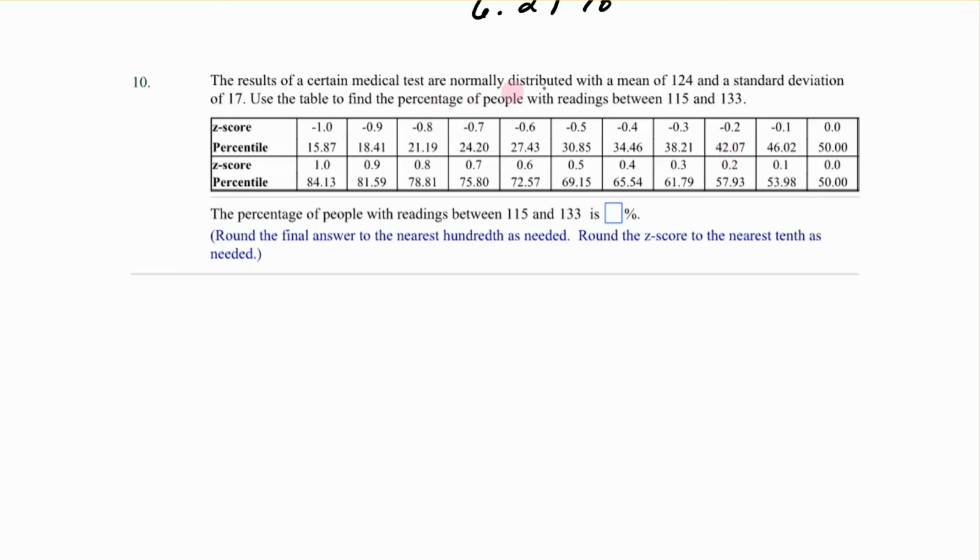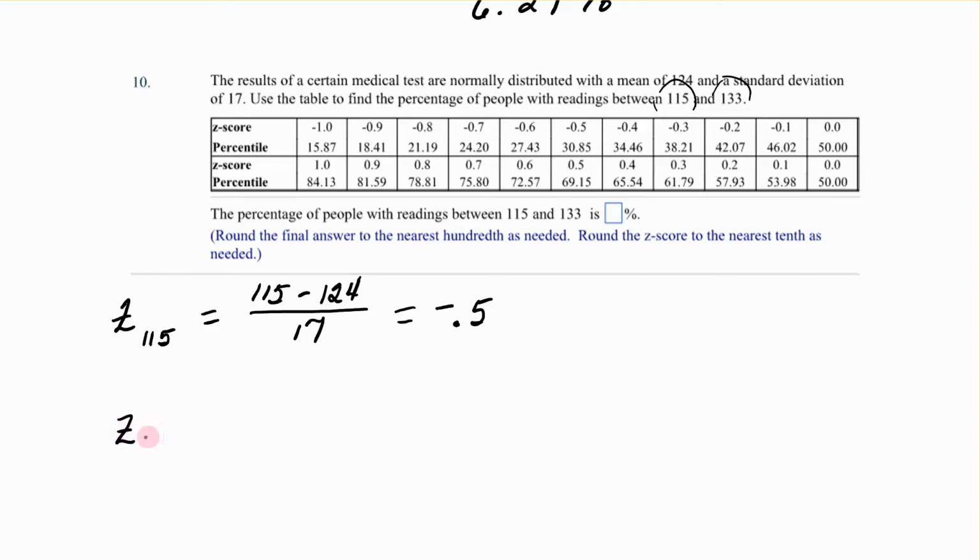All right, I am supposed to look at this data that's normally distributed with a mean of 124, standard deviation of 17, and I'm finding the percent of people with readings between 115 and 133. So, z-score of 115 is 115 minus the mean, which is 124, divided by the standard deviation, which is 17, and that gives me negative 0.5.